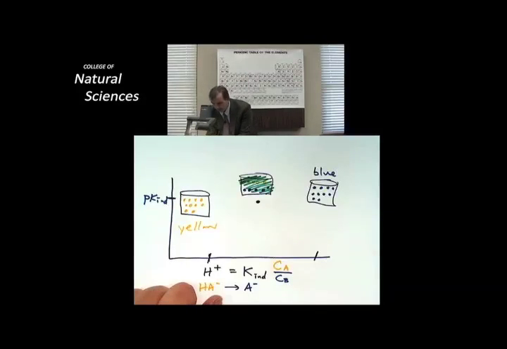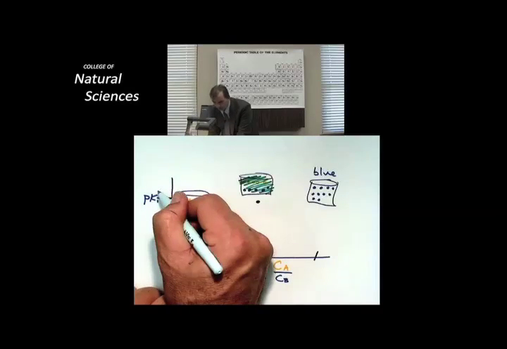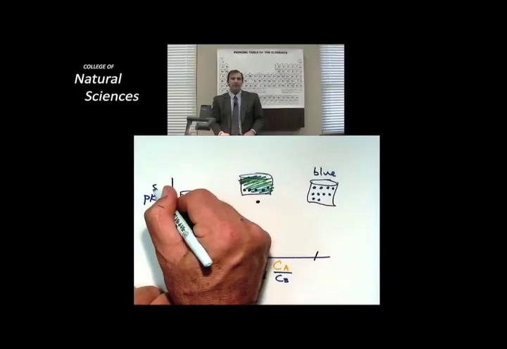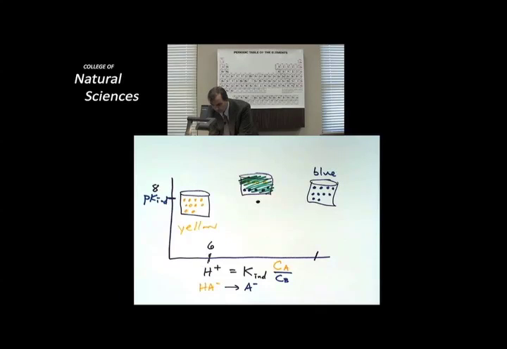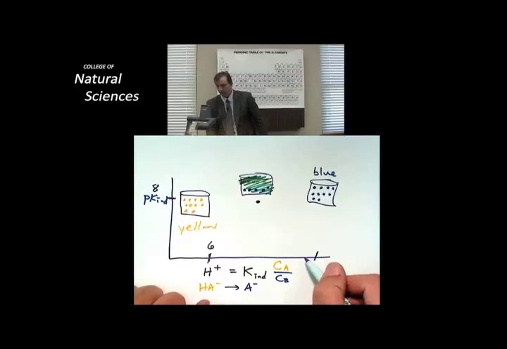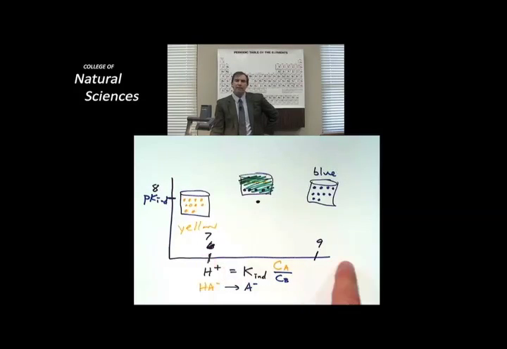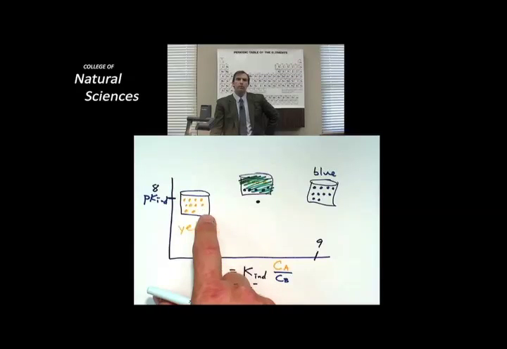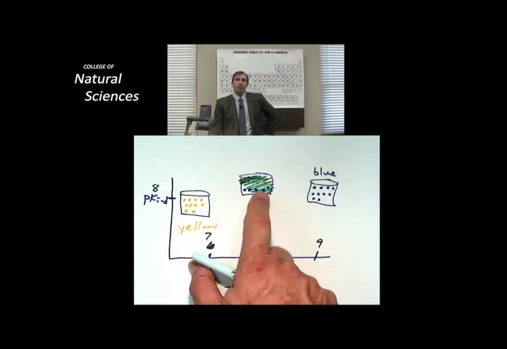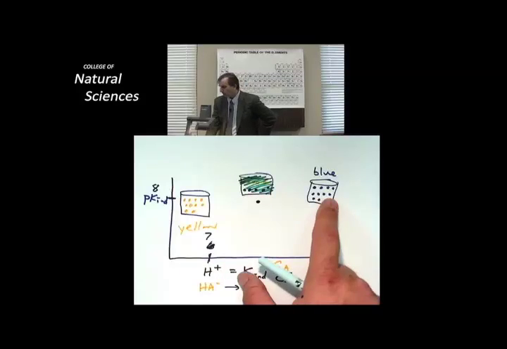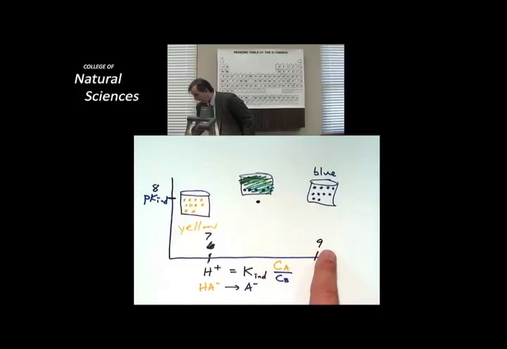So if this right here happens to be a pK indicator at around 8 or so, then between pH 7 and pH 9, I'm seeing my solution becoming increasingly green into increasingly blue. That 2 order of magnitude change, from all yellow through to equal blue and yellow to all blue, is a region of great transition.